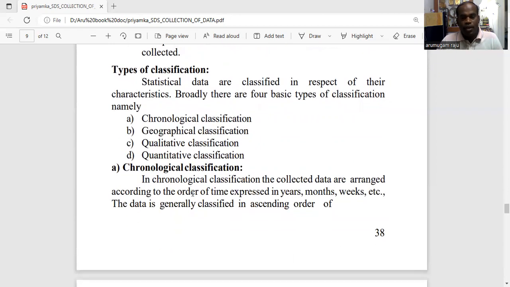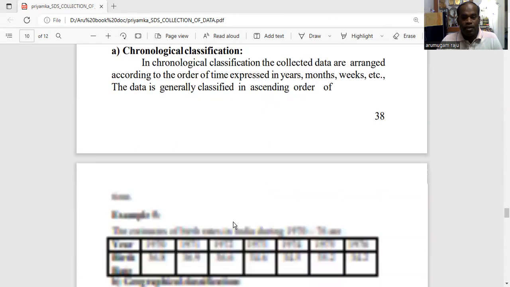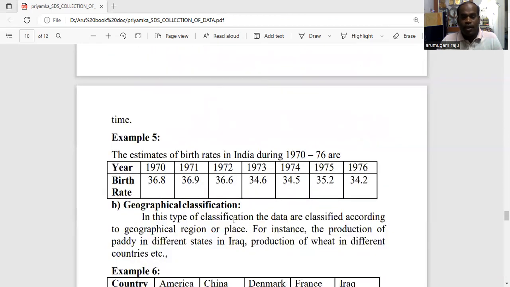The chronological classification is where the data collected are arranged according to the order of time, expressed in years or months or weeks, etc. The data is generally classified in ascending order of time.